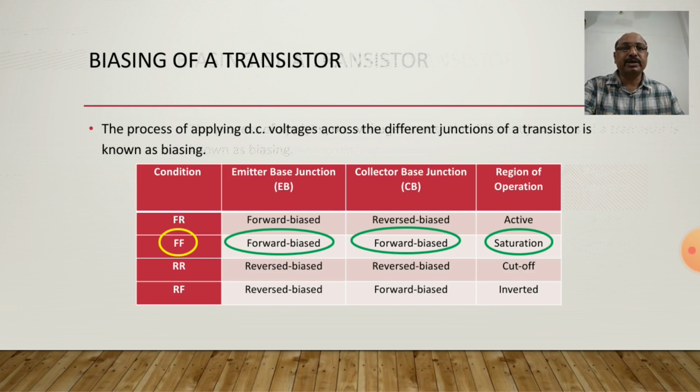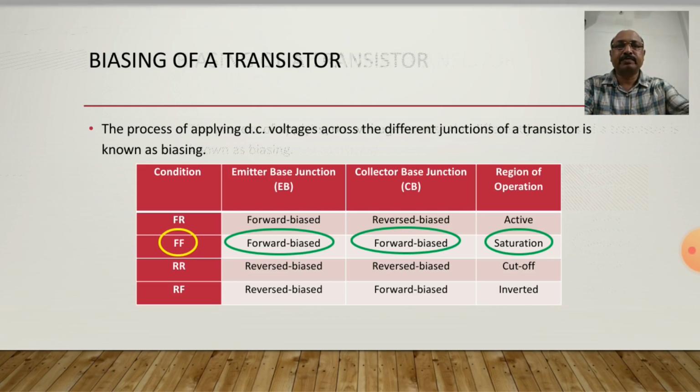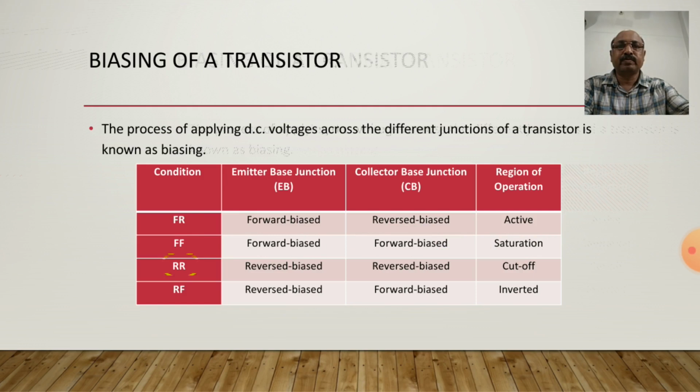In the third condition, that is RR bias, it means both junctions are reverse biased. In this biasing, the region of operation is known as the cutoff region, or the transistor is in the off state.